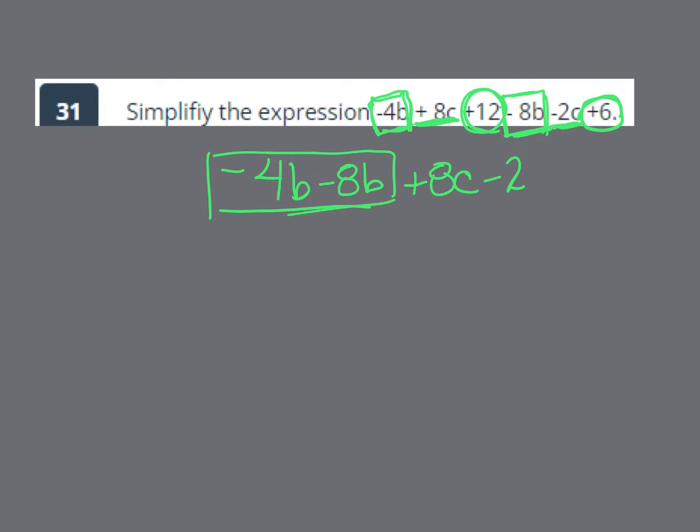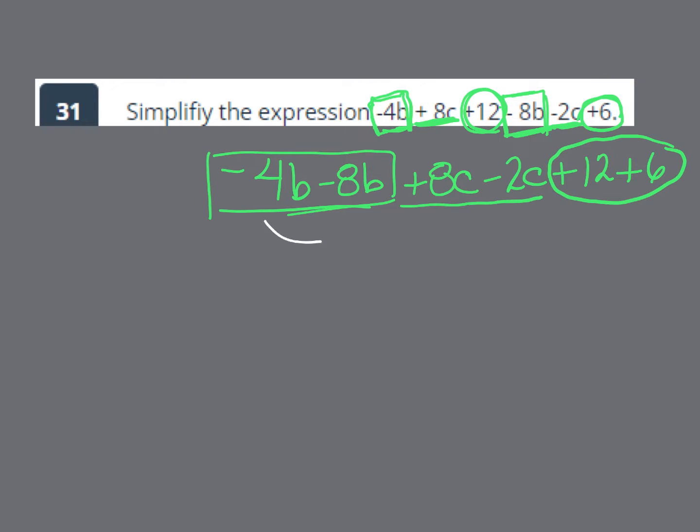Why am I writing an X? That is craziness. That gets underlined. Plus 12, plus 6. And that is circled. Okay.